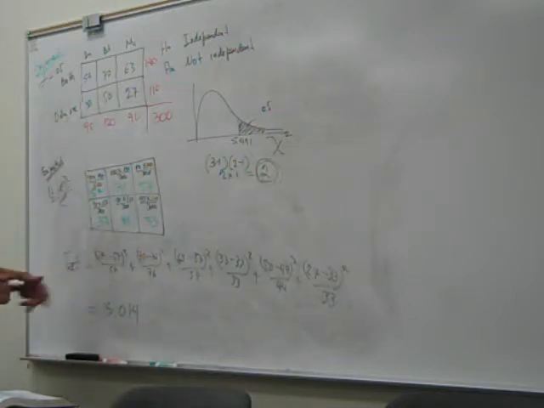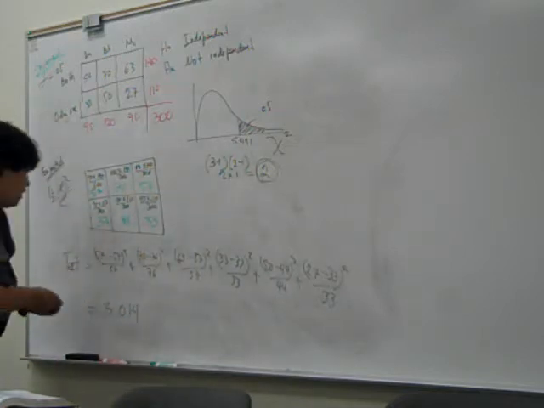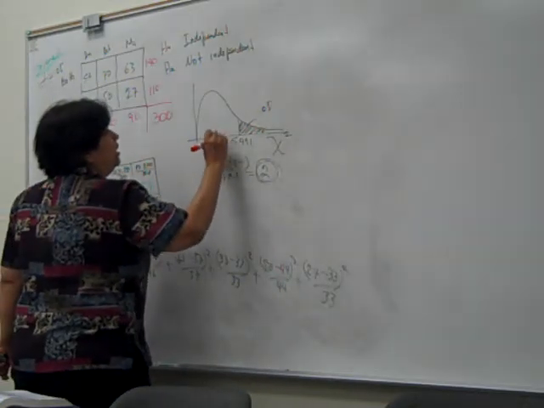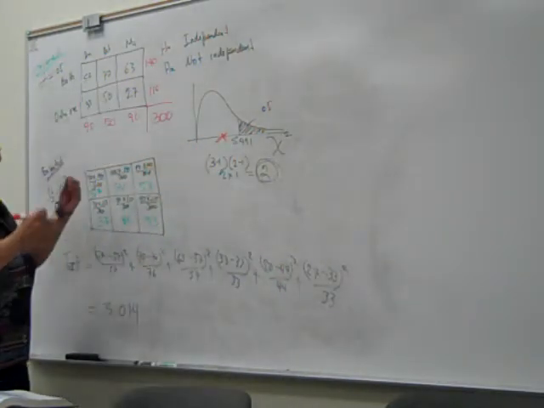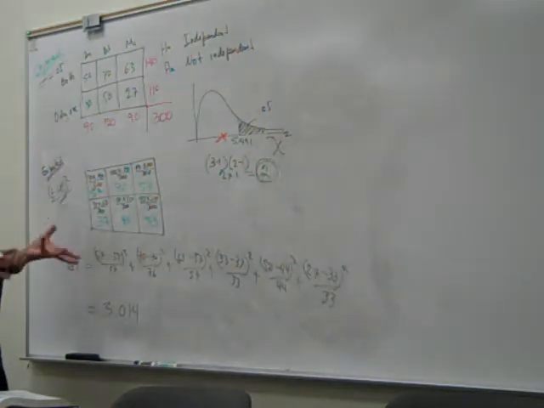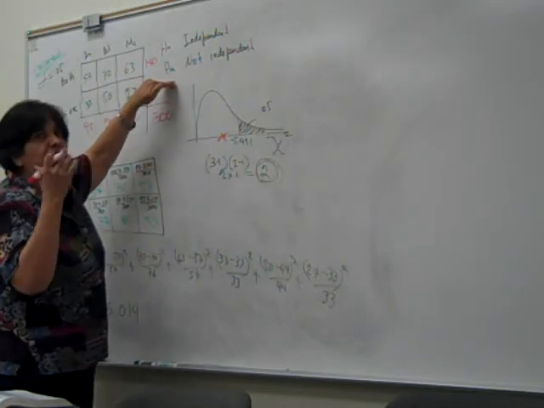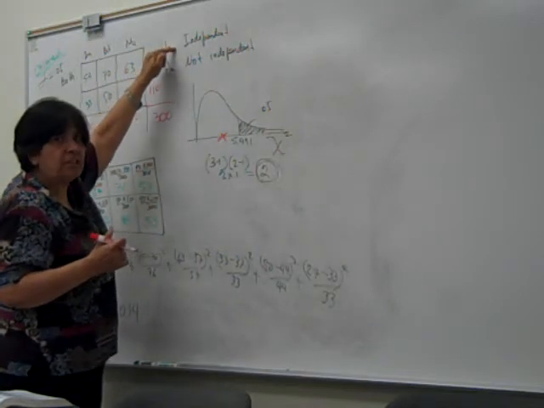3.014. Now, where is this 3.014? It's over here. So it's in the do not reject zone. So we conclude that we do not reject the null hypothesis.